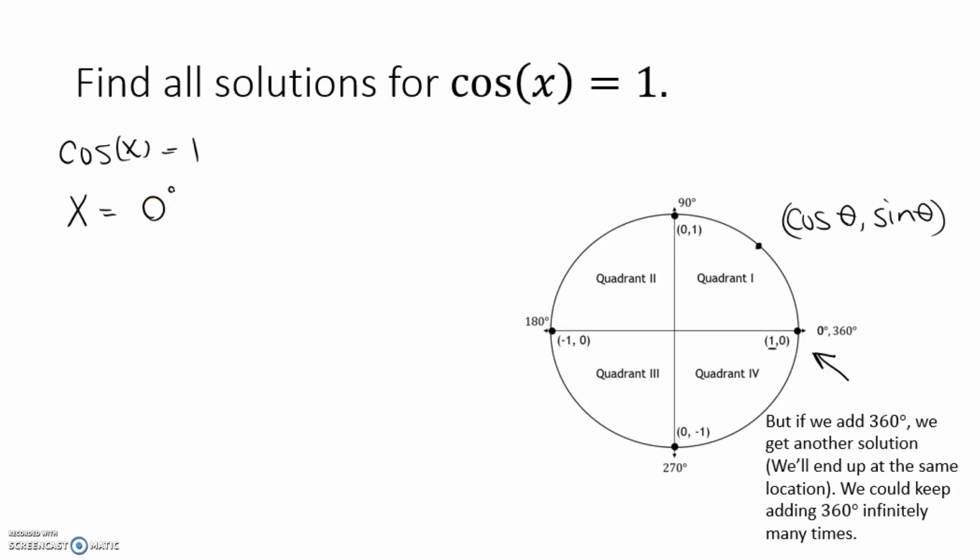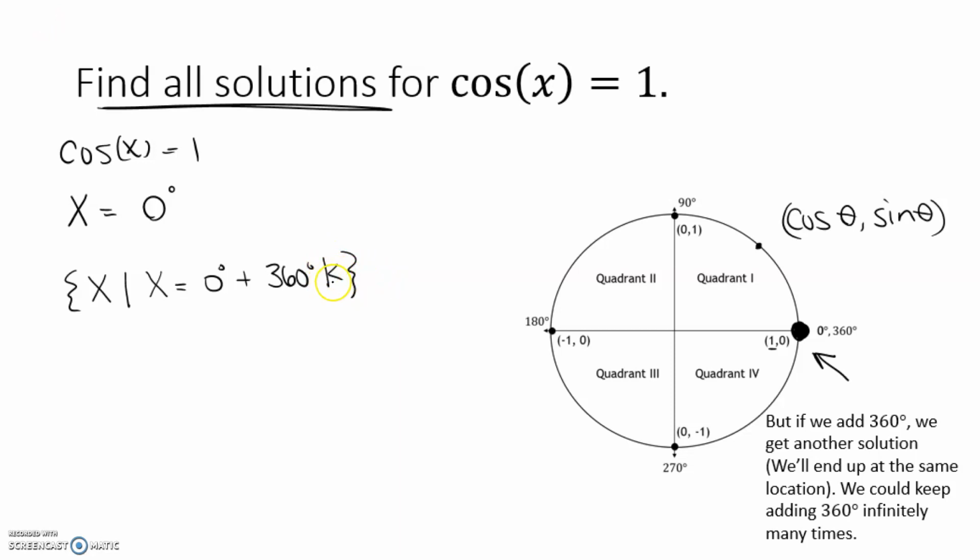But that's not the only solution. We're trying to find all solutions. And notice it didn't give us an interval. So if this is an answer right here, then the only way to get back to that is if I go around the entire circle. So if I add 360 to this, our answer would be x such that x is equal to 0 plus 360 degrees, and then we would tag a k on.